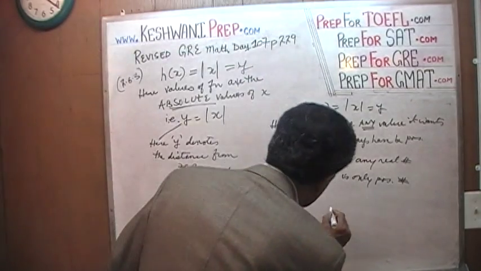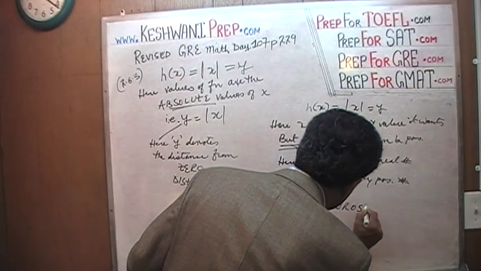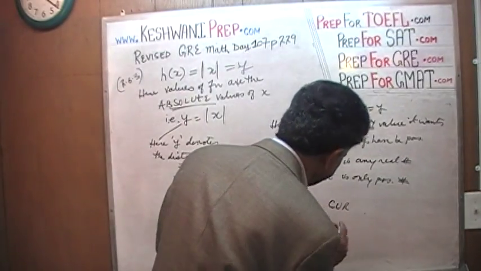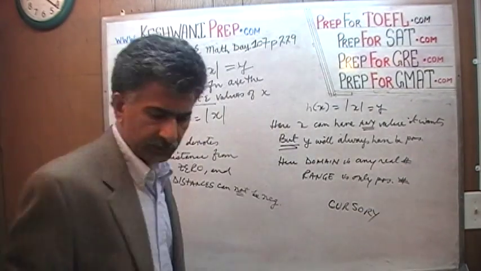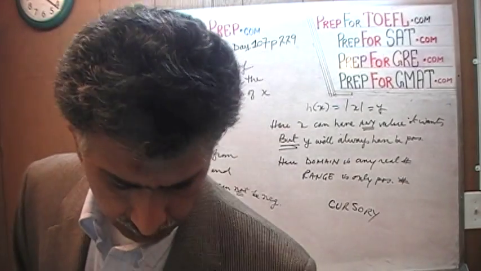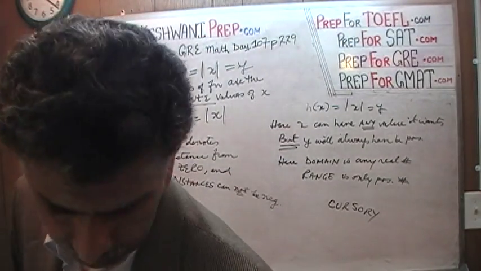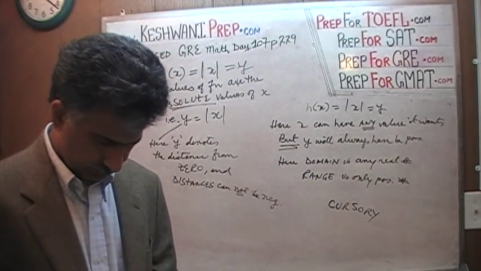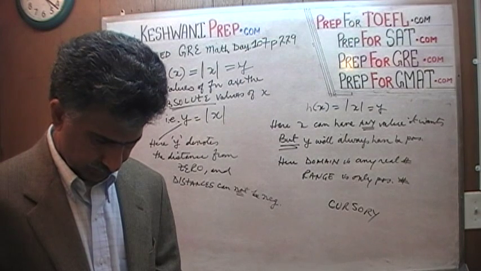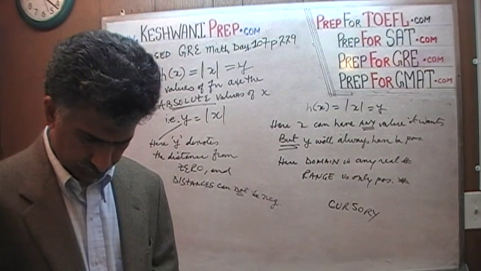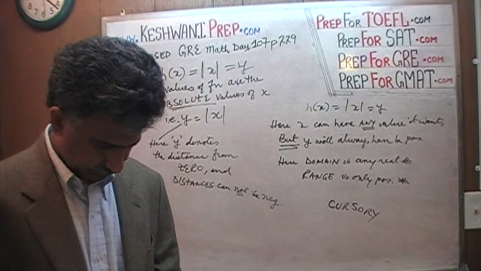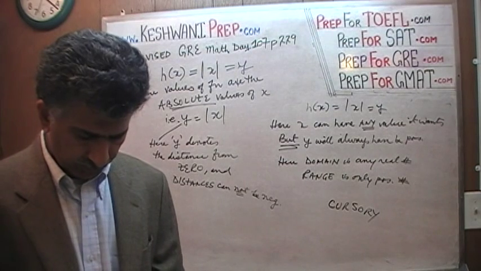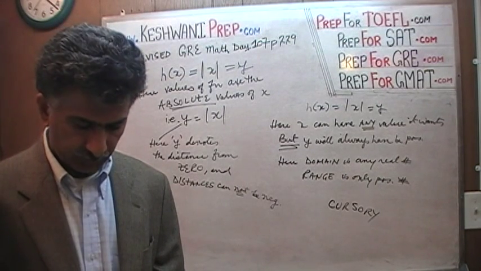I just used the word cursory. My problem is I cannot spell things. Learn this word, cursory. When did we learn this word? I know we learned it in the vocabulary videos that I have put on YouTube, where we learn vocabulary words for the GRE to help you improve your score in the verbal part.